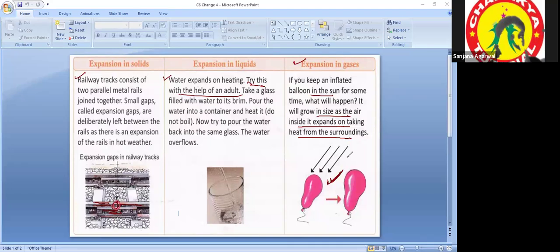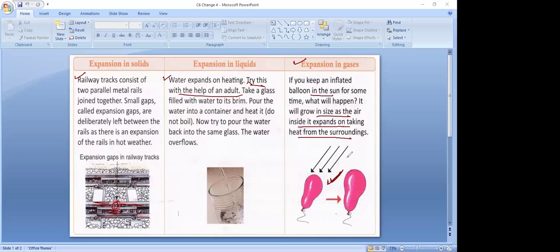Noted expansion in gases. No, ma'am. Done, ma'am. Done? Okay. I'm not done. One minute.